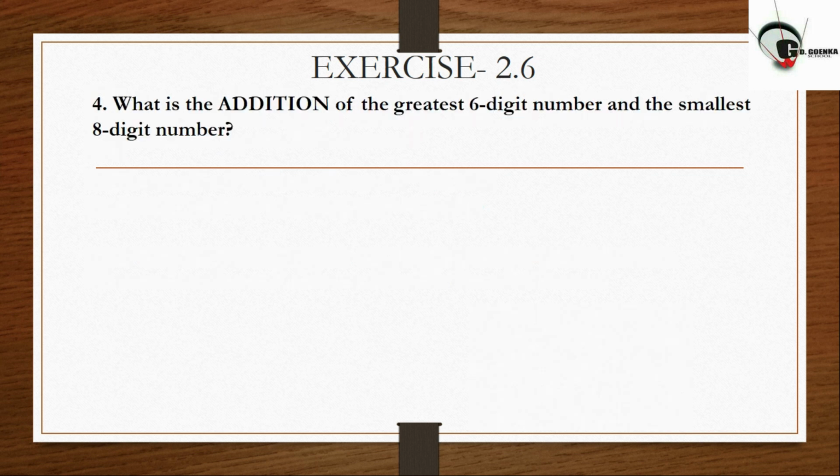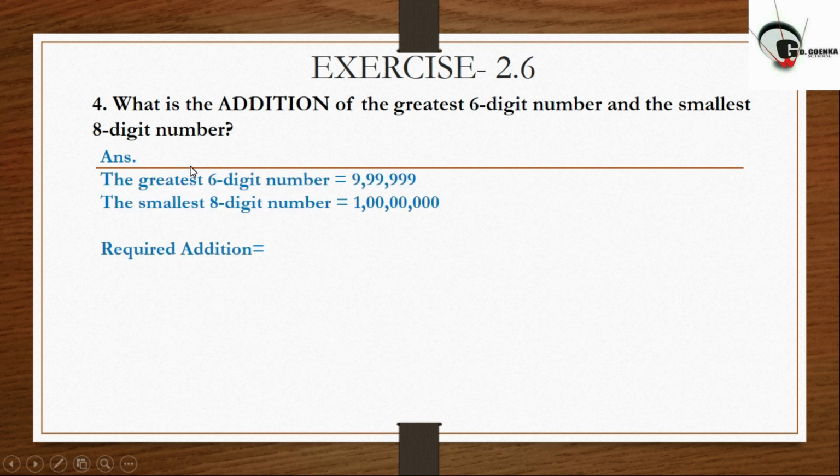Now next one is, what is the addition of the greatest 6-digit number and the smallest 8-digit number? For that first of all we should write down what is the greatest 6-digit number and the smallest 8-digit number. So yes, the greatest 6-digit number is 9,99,999.